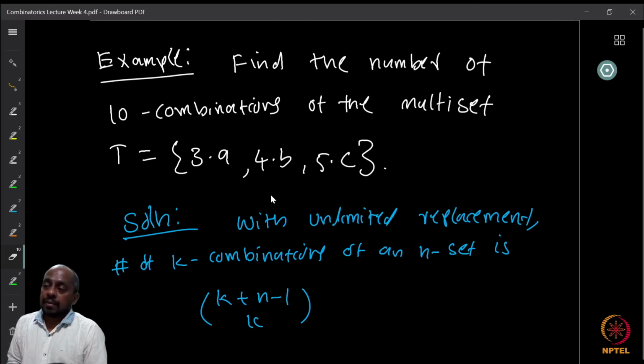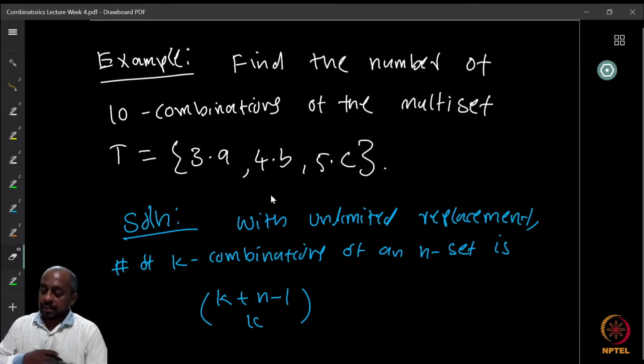So what we know how to count, using one of the results that we studied earlier, is the number of multi-sets that we can make if there is an unlimited supply of each element. Right? So if repetition or replacement is allowed, then we know how to do that.